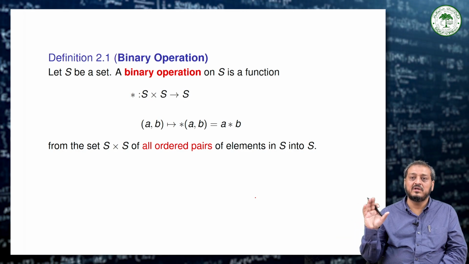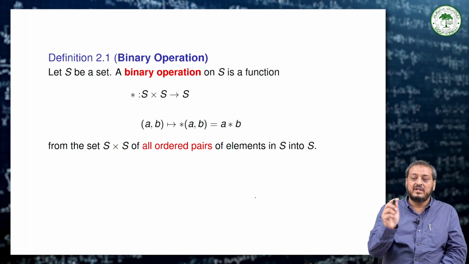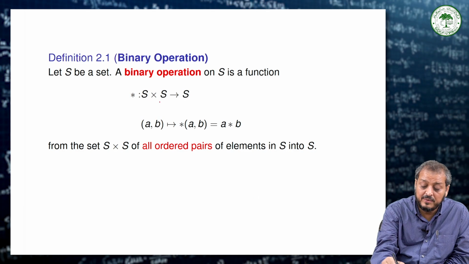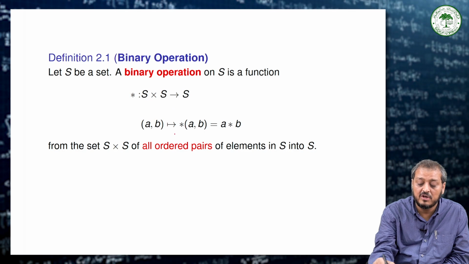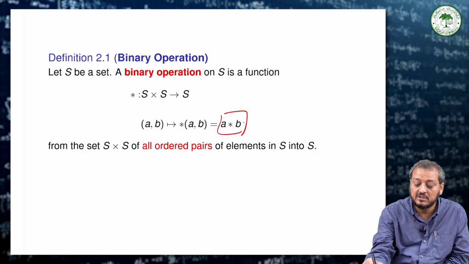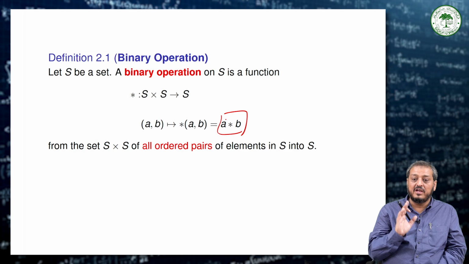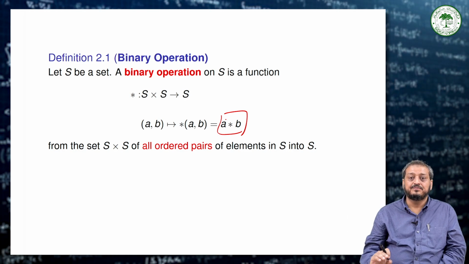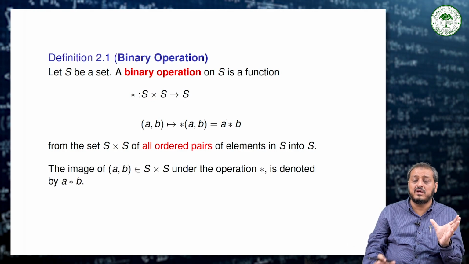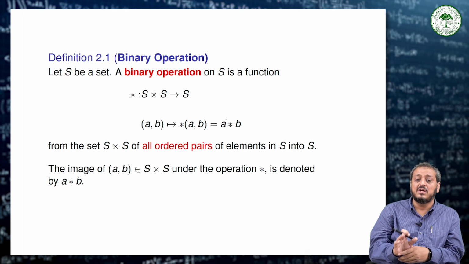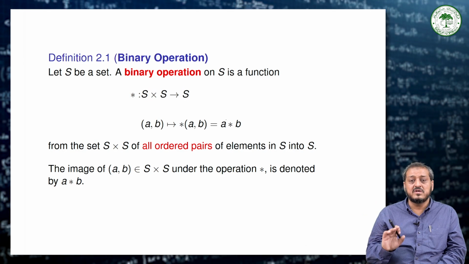A binary operation star on S is a function from S cross S to S. Let (a, b) be an ordered pair in S cross S. We map (a, b) to a star b, which is an element of S. So the image of (a, b) belonging to S cross S under the operation star, we generally denote as a star b.